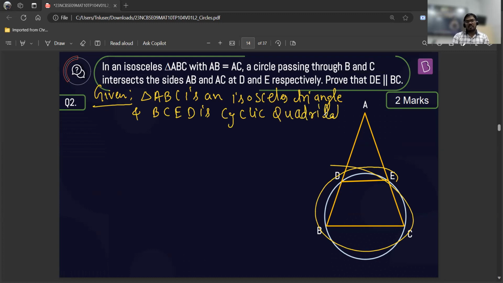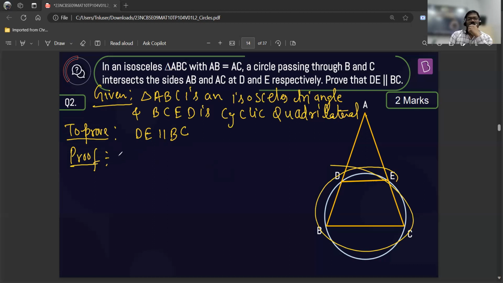So BCED is cyclic, because all the vertices are on the boundary of the circle. What we have to prove is that DE is parallel to BC. Okay, so let's start the proof.